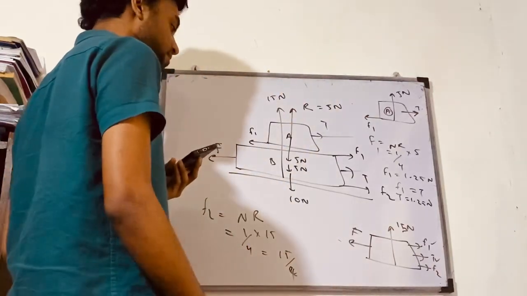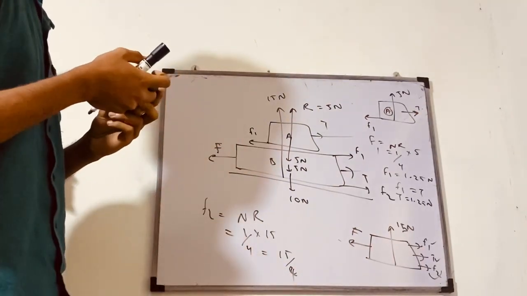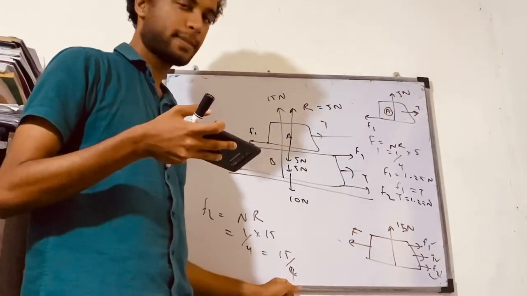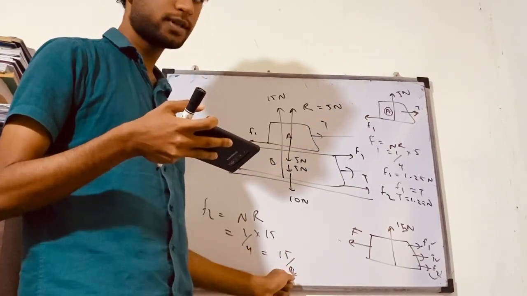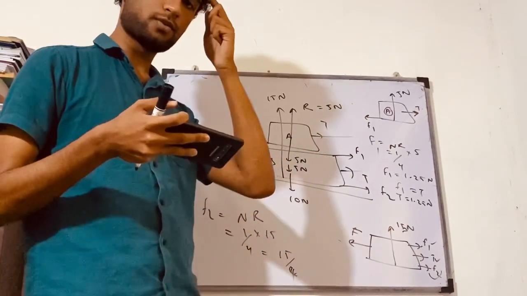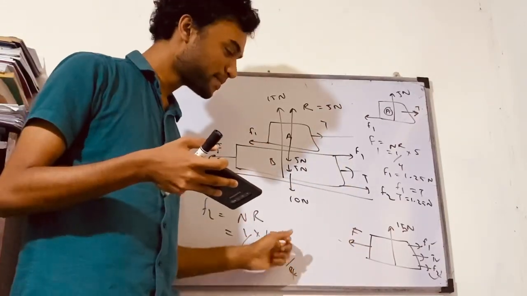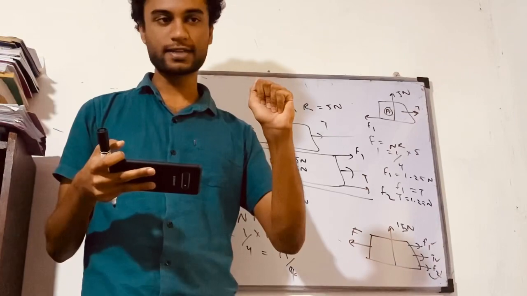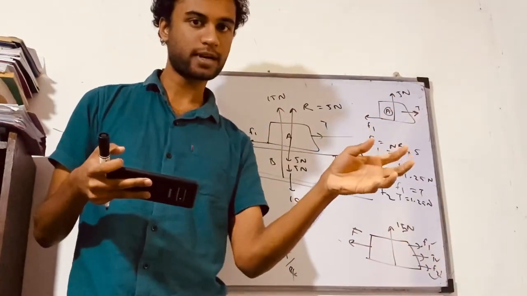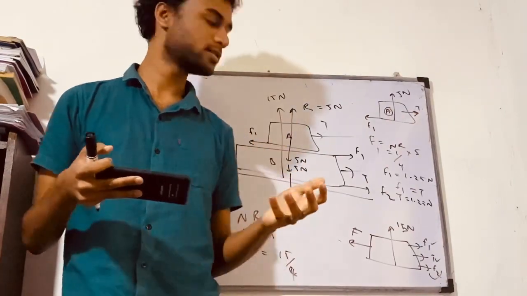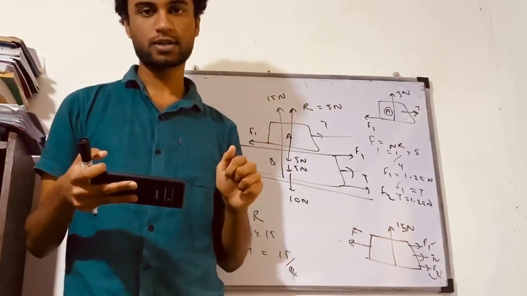So we have to add all these three together. But first, 15 divided by 4. I can break down 15 as 12 plus 3, a different way of simplification. 12 divided by 4 is 3. 3 divided by 4 is 0.75.